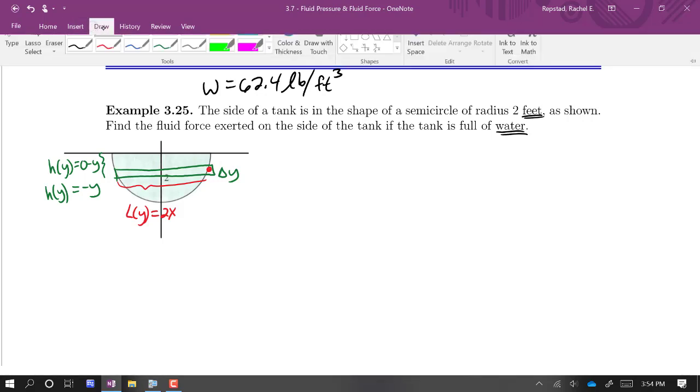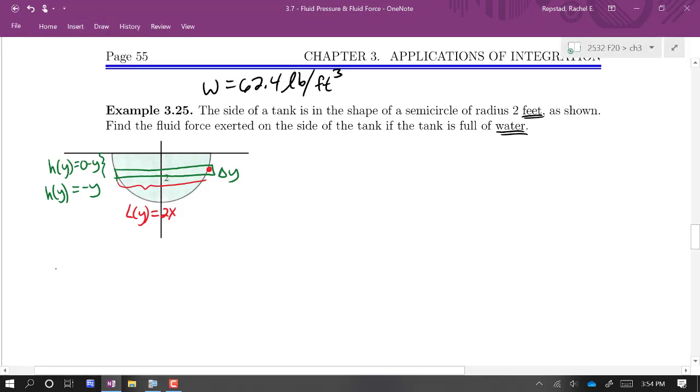So we need an equation for the circle. And because of where we drew the axes, the equation for the circle will be really simple. It's a circle of radius 2, centered at the origin.